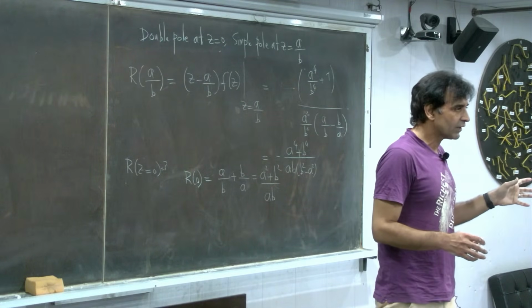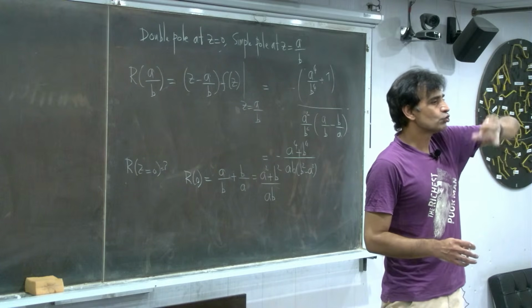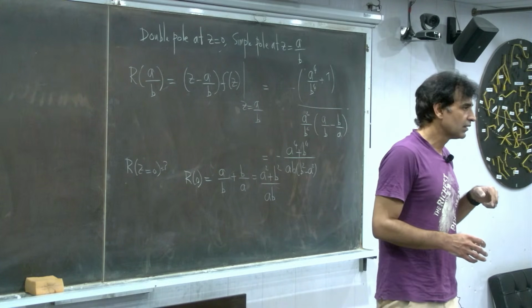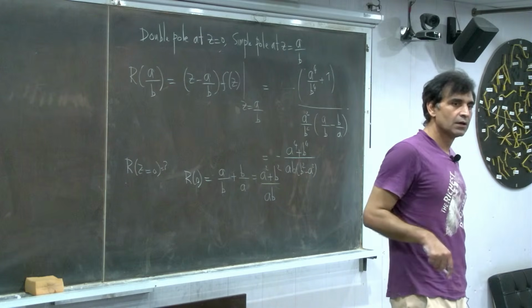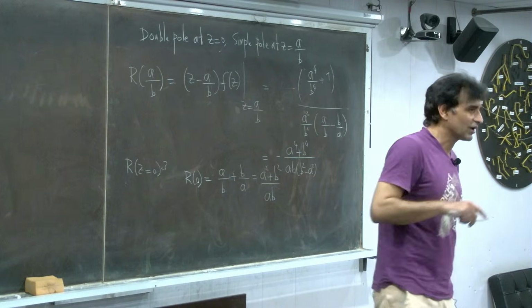1 over 2 pi iota comes because you are closing the contour on which side? On the counterclockwise side.